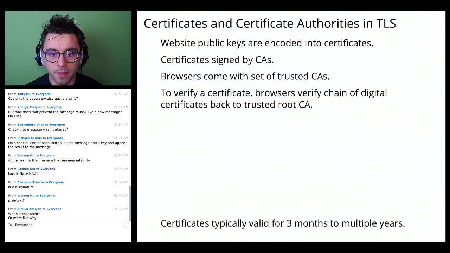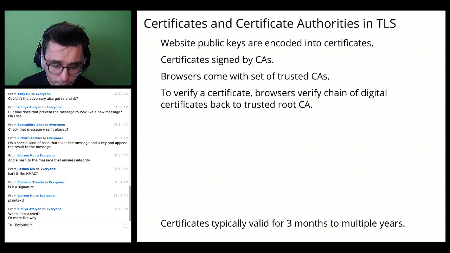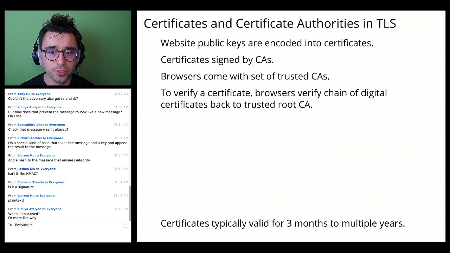Okay. Now, what are these certificates and how do certificate authorities actually work? Let's dig a little bit into this. These public keys are ultimately what we care about. They're encoded in certificates, or certificates contain these keys and a bunch of other metadata. These certificates are signed by a CA, and the browser that you have, whether it's Firefox, Chrome, or Safari, has a bunch of certificates for CAs baked into the browser, and these are considered trusted CAs.